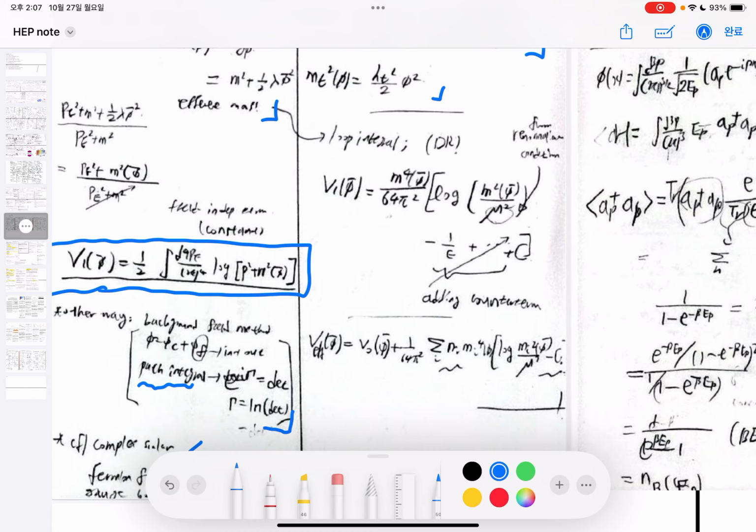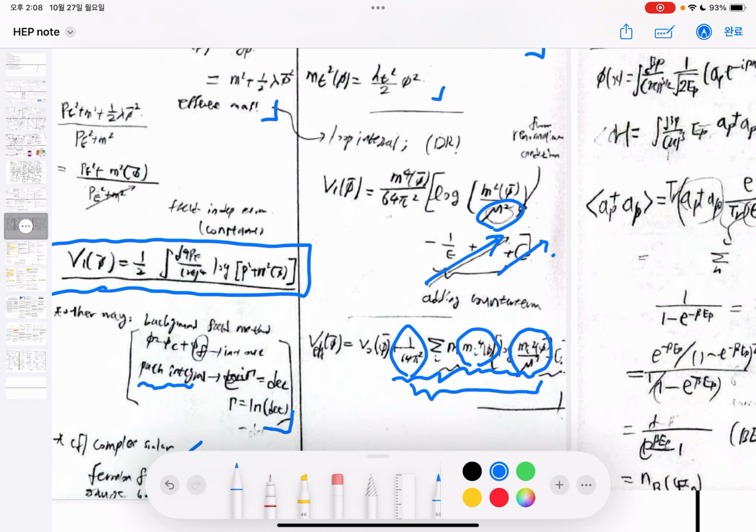After the dimensional regularization, the renormalization conditions give some specific scale in the logarithm, and by adding the counterterm we can remove the divergence, neglecting the constant. The important term is this one. The 1/64π² factor represents the loop effect, the m⁴ power is the effective mass, and inside the logarithm there is the effective mass scale over the renormalization scale.